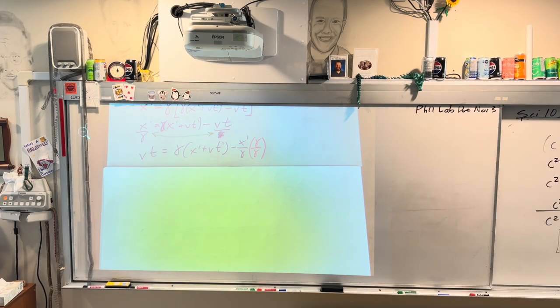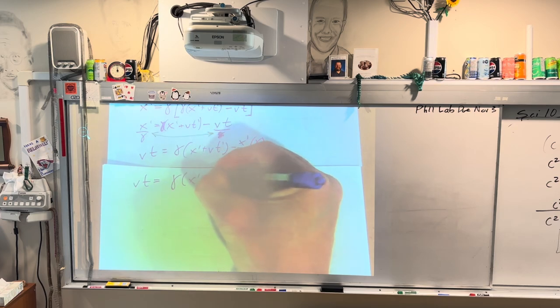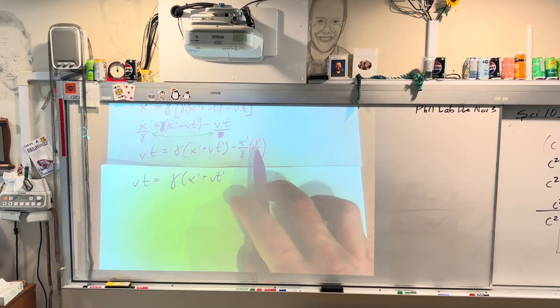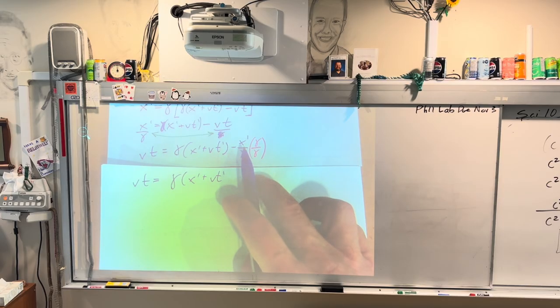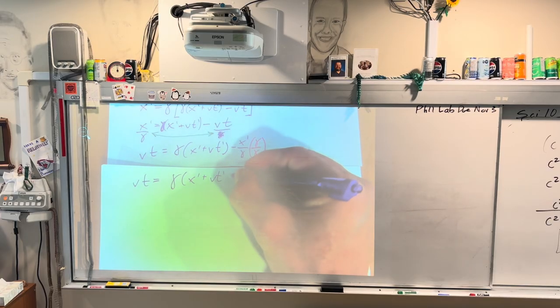And then if we continue that on, we're going to have still VT on the left. And we're going to have gamma times x prime plus VT prime. And because this is x prime gamma over gamma squared, we can put that term inside the brackets now.